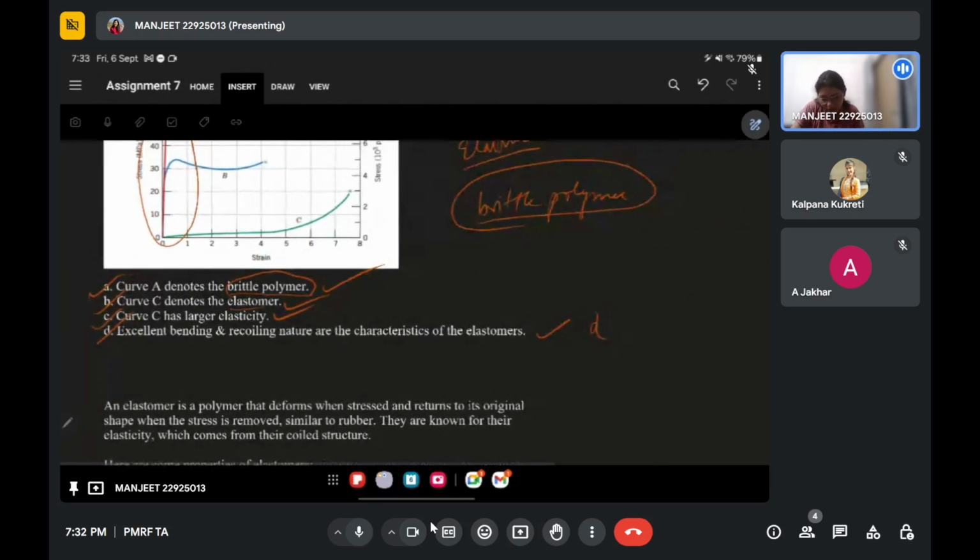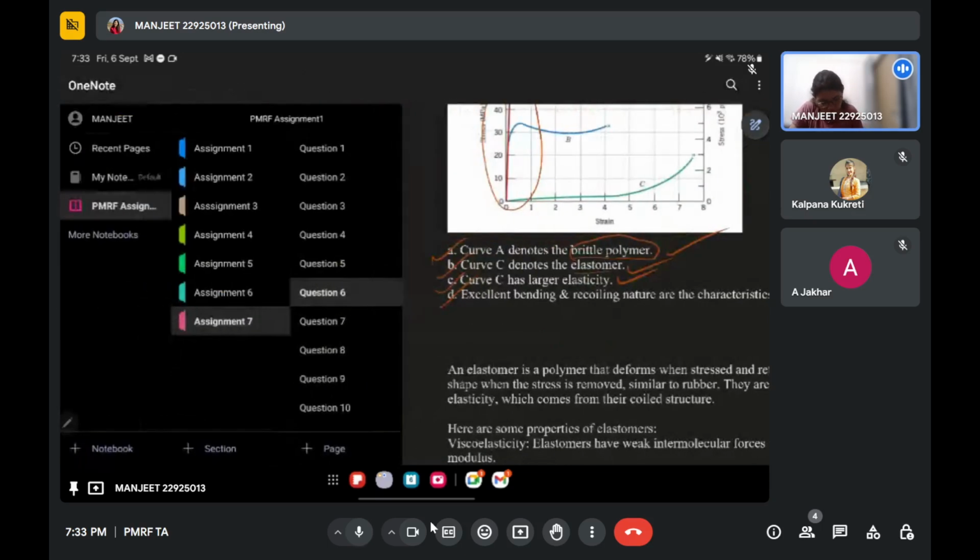So this is a reversible process, and how reversible it is, how it returns to the original state, defines how elastic it is, and that's why the term is elastomer. Okay, so this is all about question number 6.